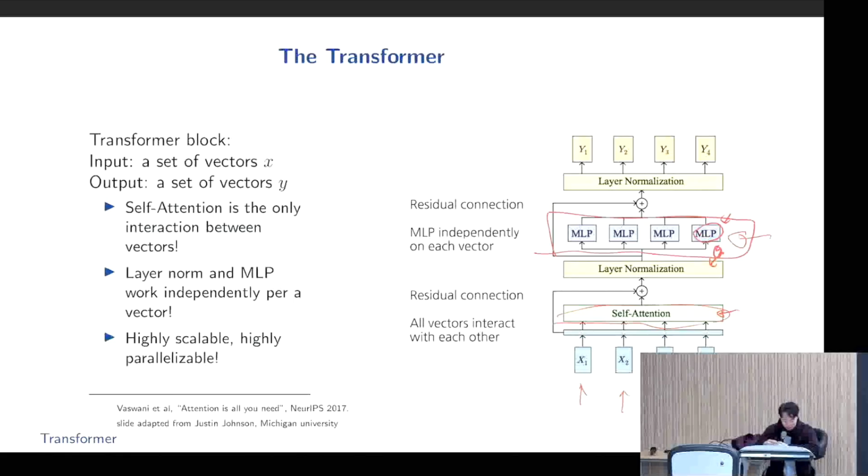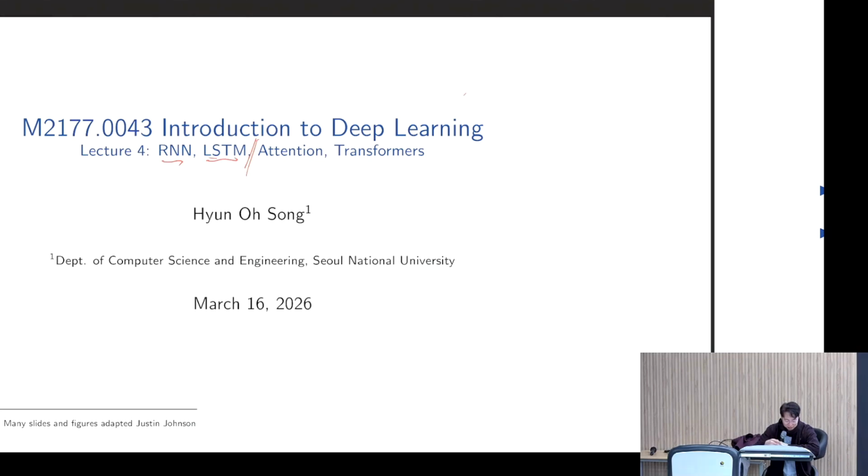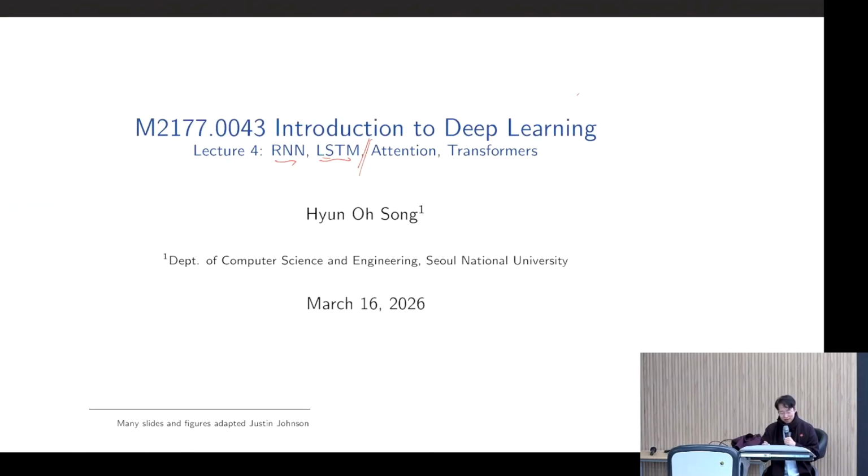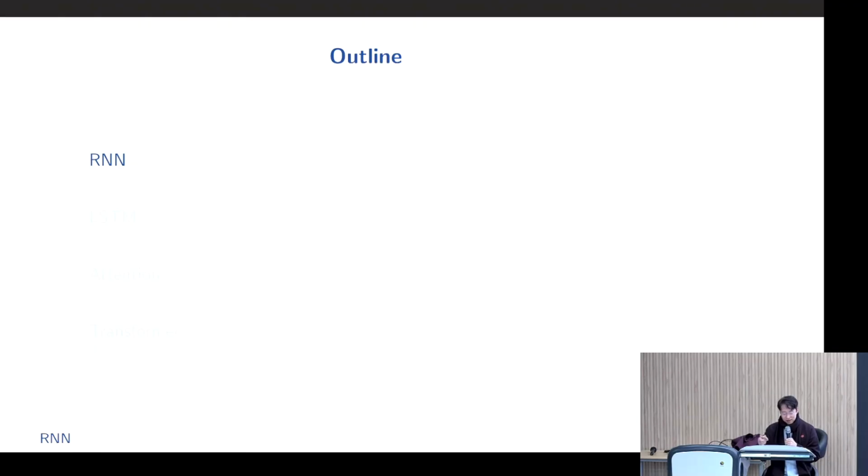Let me briefly just review what we discussed last time. So in lecture 4, we talked about various techniques and models and model architectures in order to deal with sequential input data.